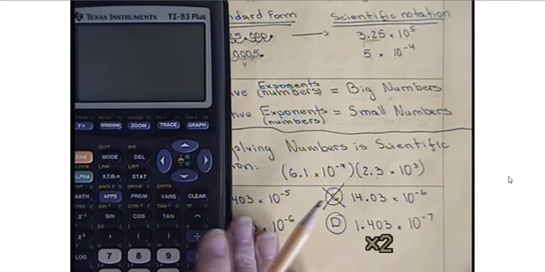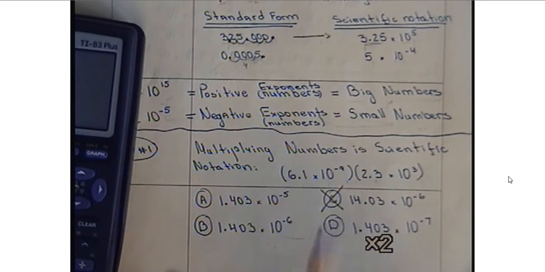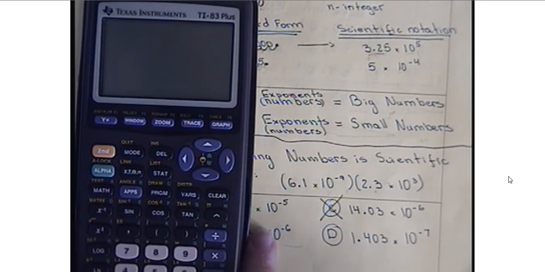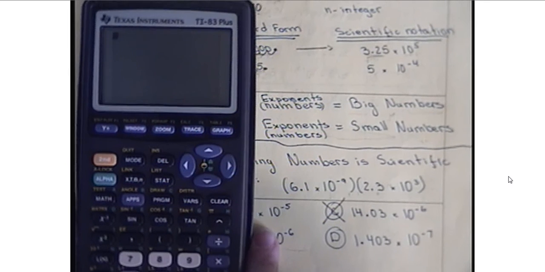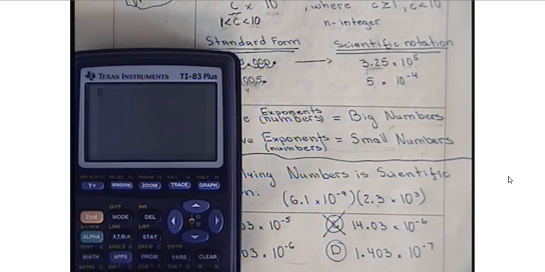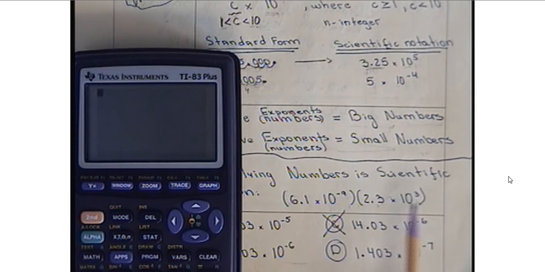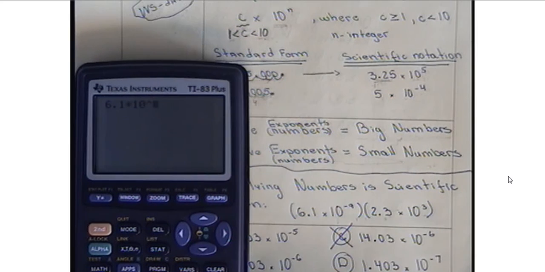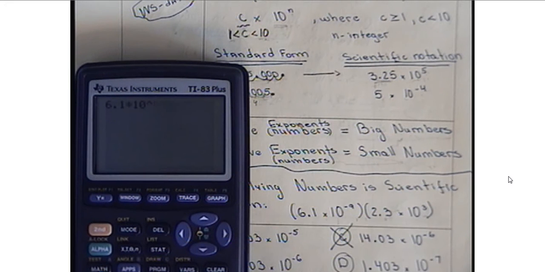So we're going to start with this graphing calculator. The question is, what will be the answer if we multiply those two scientific notations? First thing, we're going to turn on the calculator, and I'm going to show you some of the functions in class. Right now I will start multiplying all those numbers together. I'm going to type 6.1 times 10, and this button over here, similar to scientific calculators, shows the power. I'm going to click over here, and that will be to the power of negative 9.